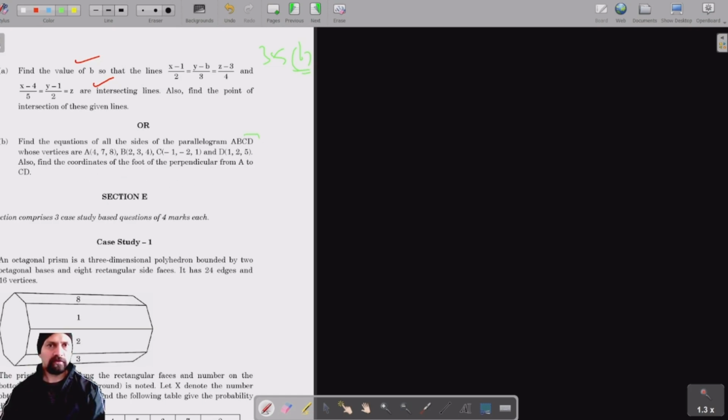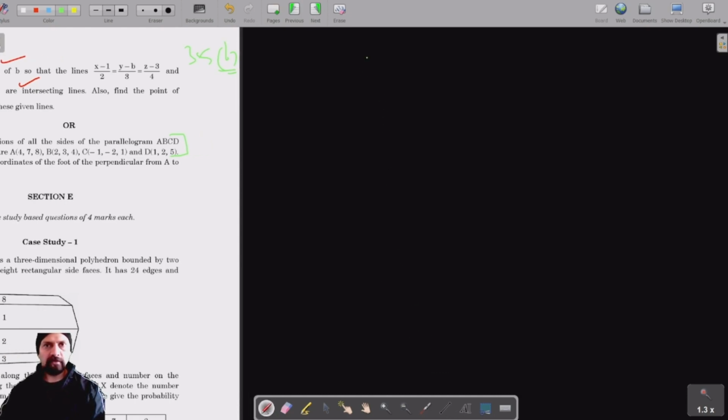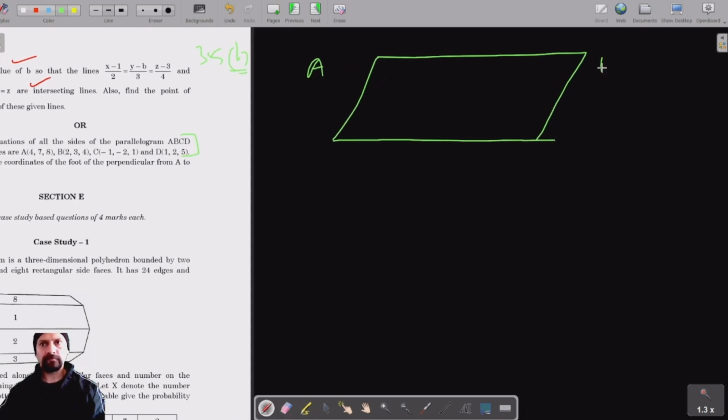So let's do this part first. Now parallelogram is ABCD. So this is A, B, C, and D.